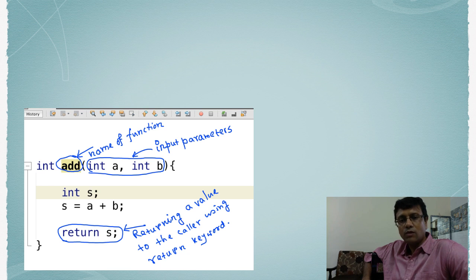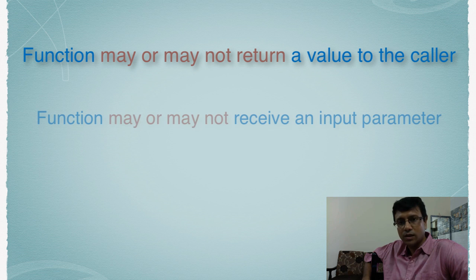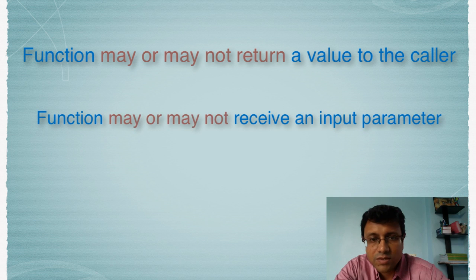There may be occasions when a function may not need to return a value at all to the caller, and there can be occasions as well when a function may not need any input to work with.